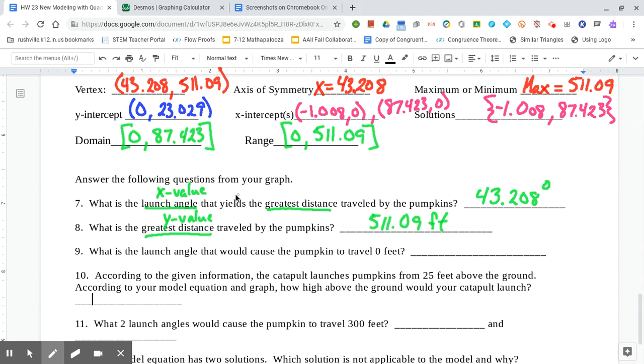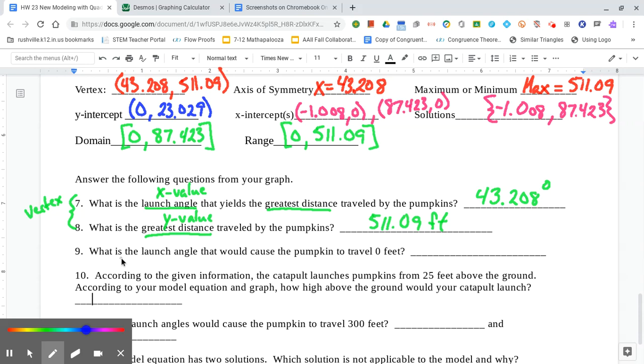Okay, so the only difference down here is we need to realize the words that go with our variables. So we're not just talking about random x's and y's anymore. X's represent something and y's represent something else. And so to answer both of these questions, we looked at our vertex. So we related a point on our graph into the context of the situation. So we're going to try that a couple more times.